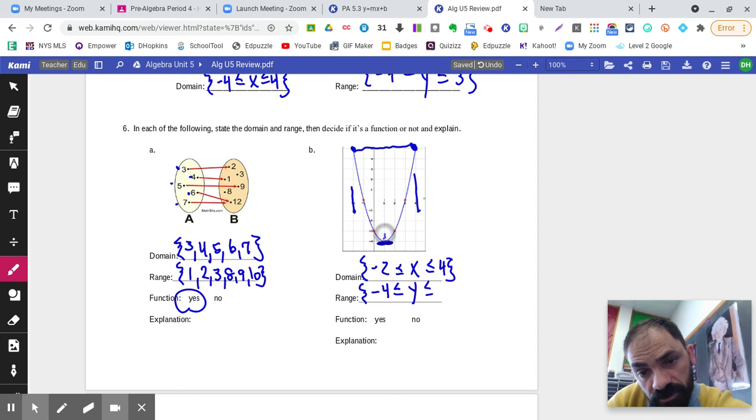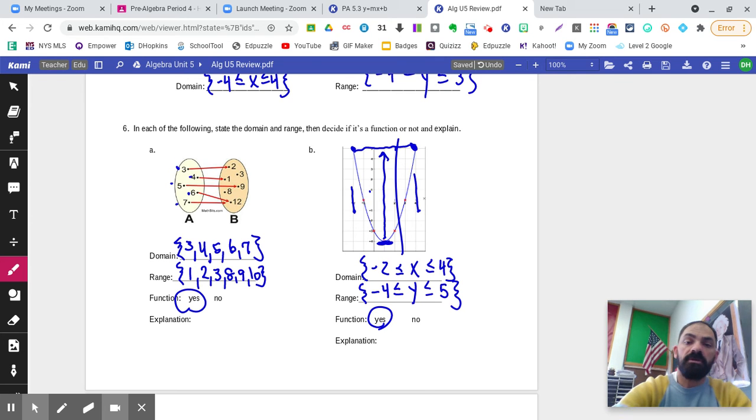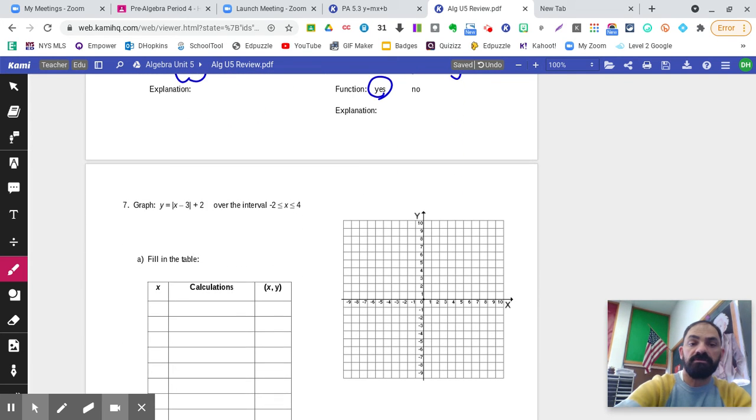And the highest point is, what is that? 1, 2, 3, 4, 5. Is it a function? Yes, it passes the vertical line test.